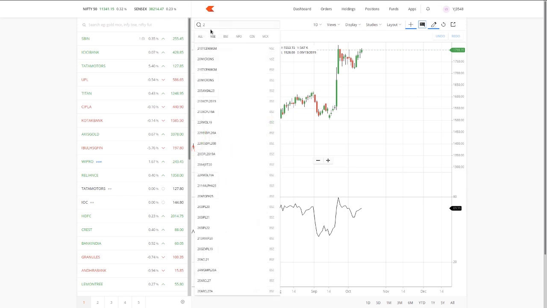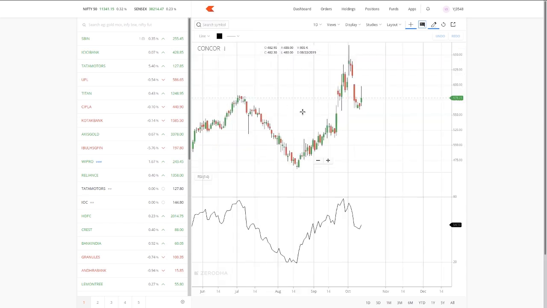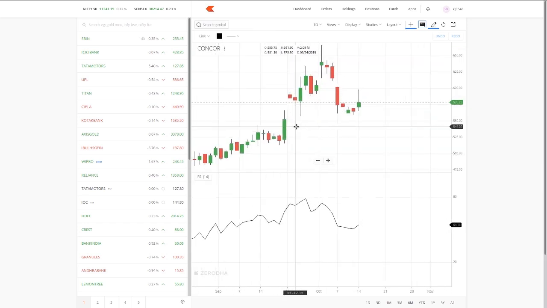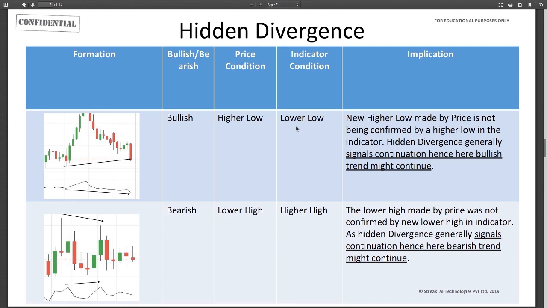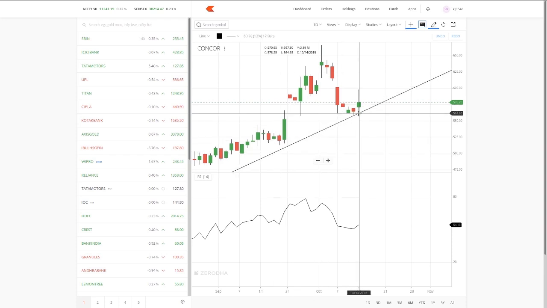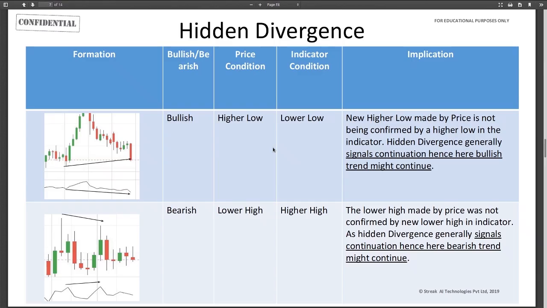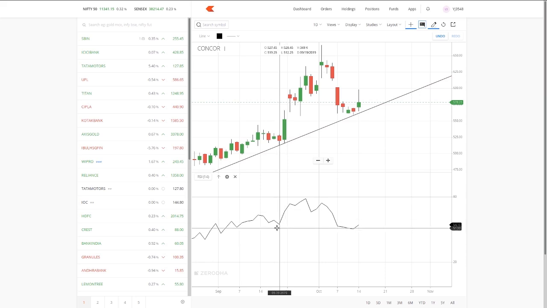So let's open Concor. Here again, if I have to draw the lines to explain how this looks, the lower low is being formed like this, in the past 10 days. Whereas the indicator's lower low is forming on the lower side.